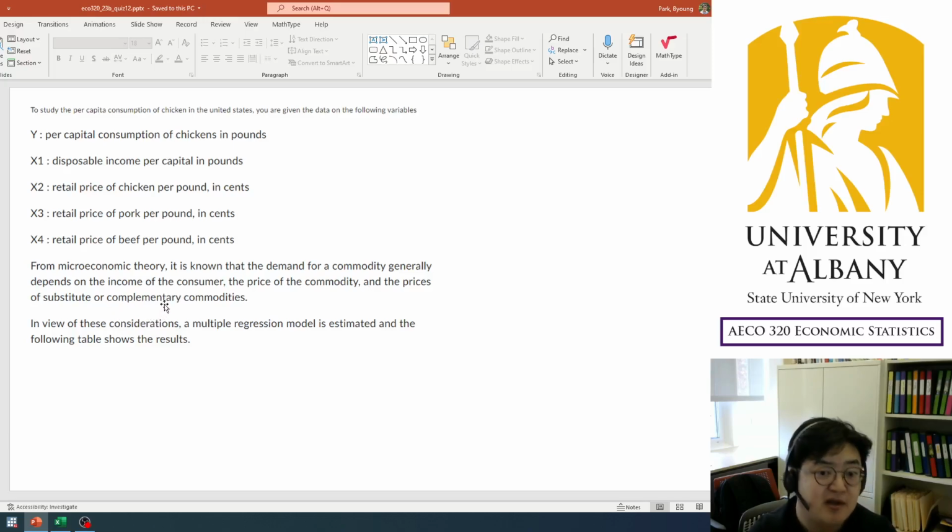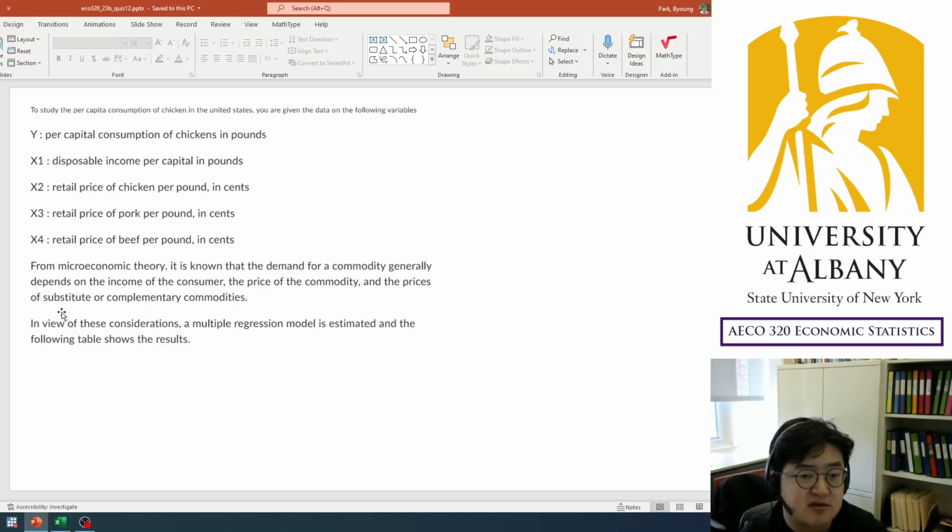It's like you learned the income effect and substitution effect in the demand theory chapter, I believe. So in view of these considerations, a multiple regression model is estimated, and the following table shows the results.